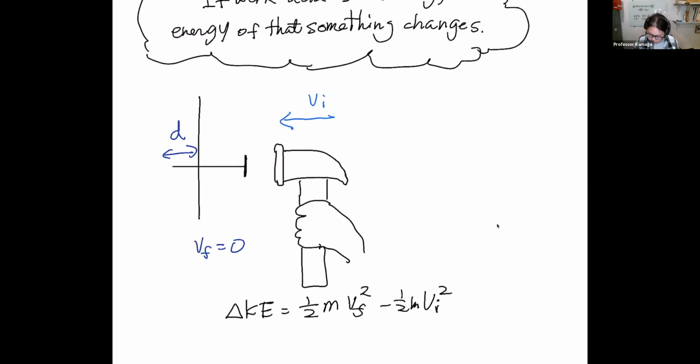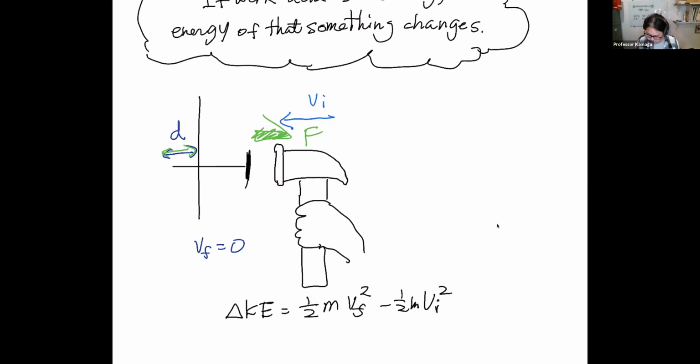The nail applies a force onto the hammer in this direction to slow down and stop the hammer, and it requires this much distance to stop the hammer.